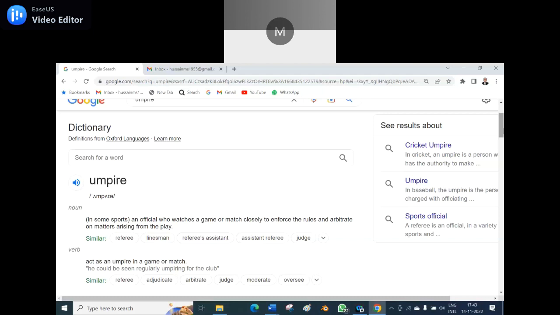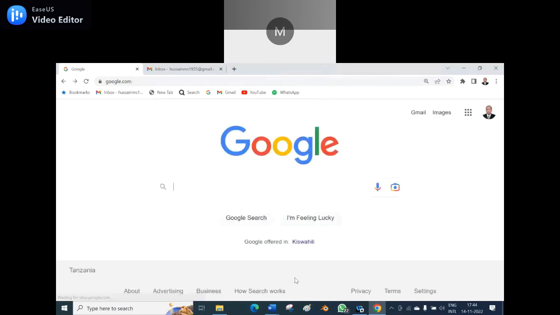Read. Umpire. In some sports, an official who watches a game or a match closely, enforces the rules, and arbitrates on the matters arising from the play. Spelling is UMPIRE.